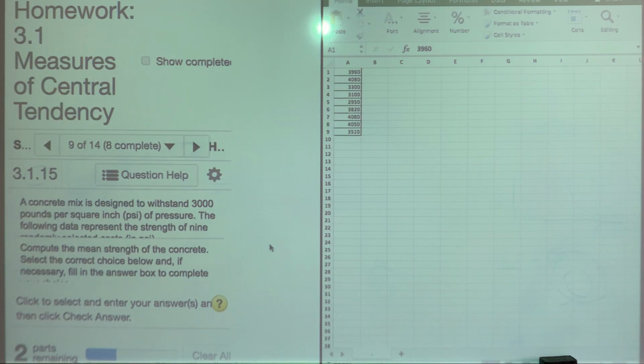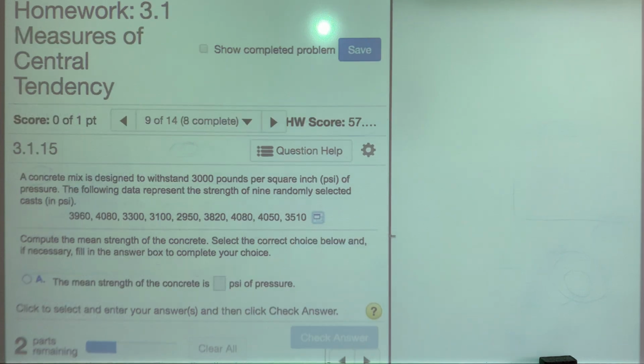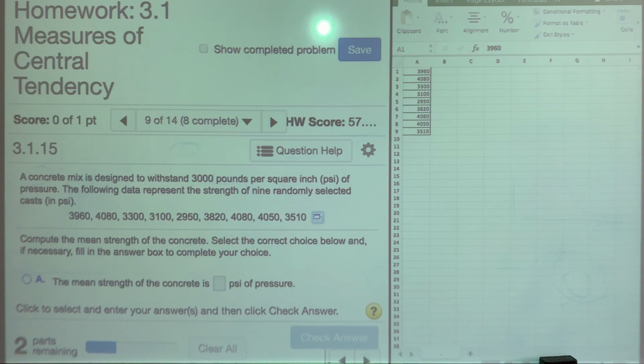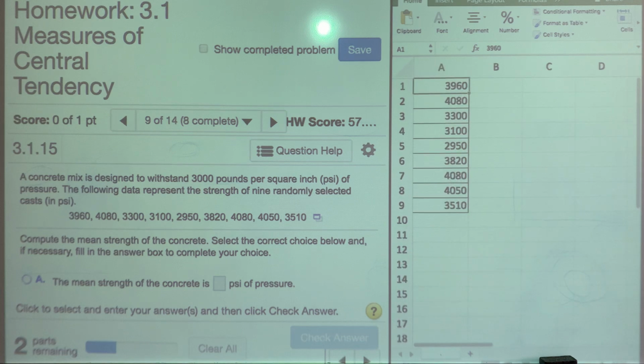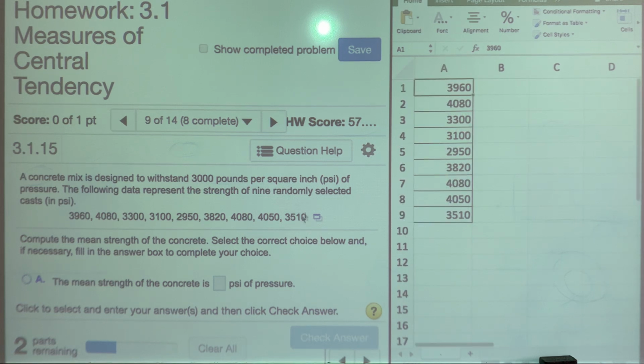Okay, so here's my data set. You guys ready? I've got a concrete mix that's designed to withstand 3,000 pounds per square inch of pressure. Here's my data set downloaded. It's the same numbers that you see here. Compute the mean strength of the concrete.